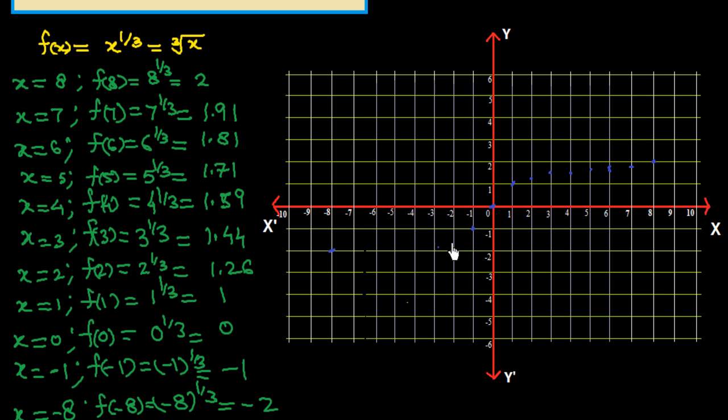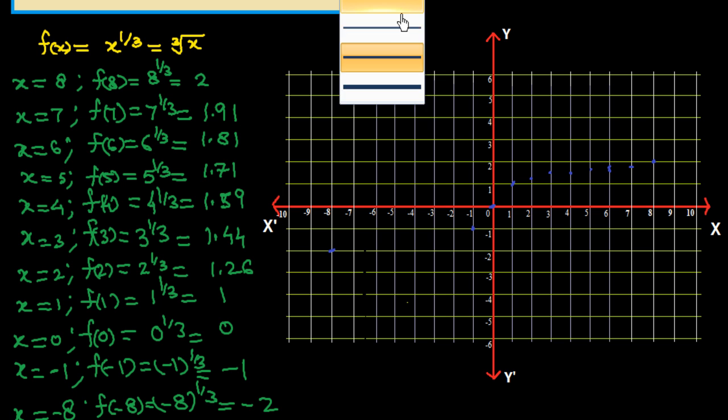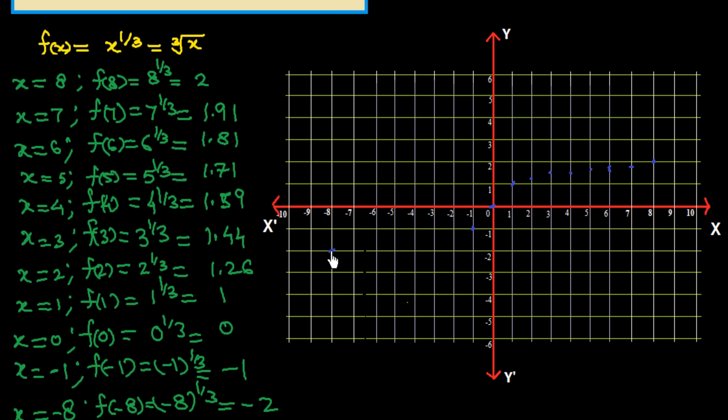Now we draw the graph for this. I draw one graph for this. We take two portions for this graph. Just a moment. Draw this graph here.